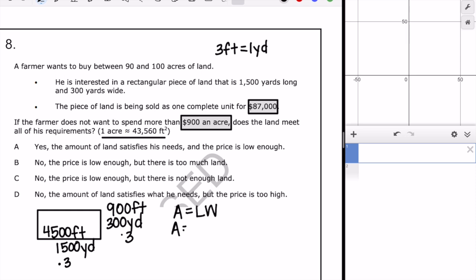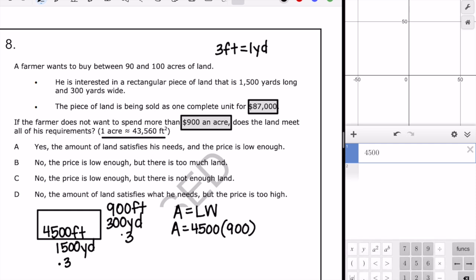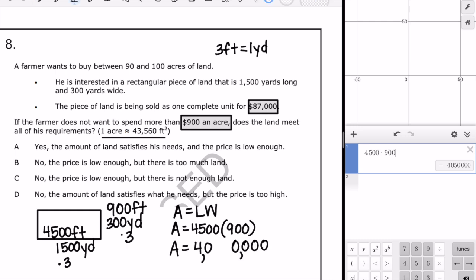So my area is 4,500 times 900. Once we multiply that together, that's going to give you the area of that plot of land. So my area is going to be 4,050,000, and that's going to be square feet.